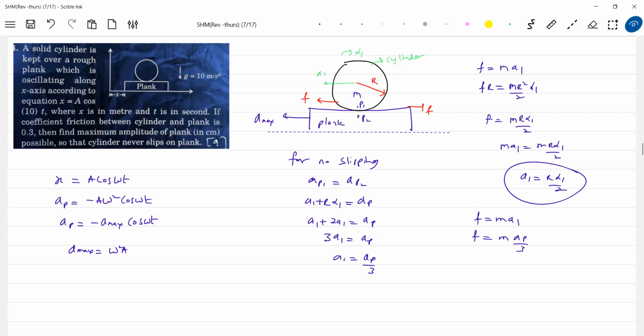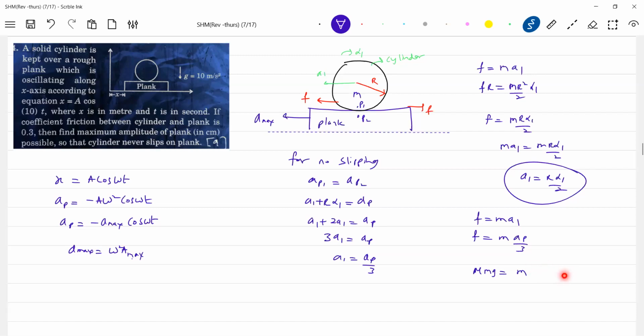As I keep increasing the amplitude, the acceleration will also increase. Let me introduce A max. As I increase the amplitude, the maximum acceleration also increases. The acceleration of the plank will also increase. So what is the maximum permitted value of this friction? It is equal to limiting friction, which is mu mg, equal to the maximum permitted value of the plank's acceleration, omega square A max.